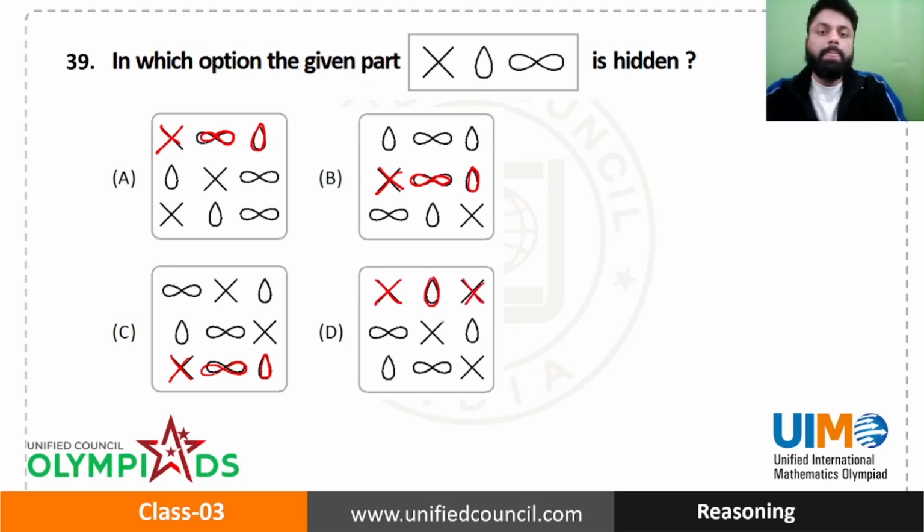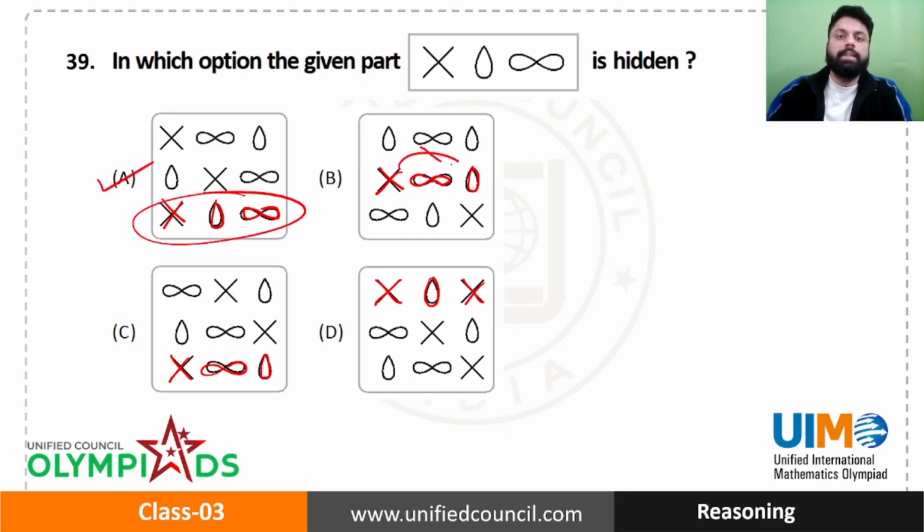So if we look at the arrangement, in the A option, cross, this droplet and this infinity sign. This is the correct sequence. In the other cases the sequence is changing or is not there. So A option is the correct answer.